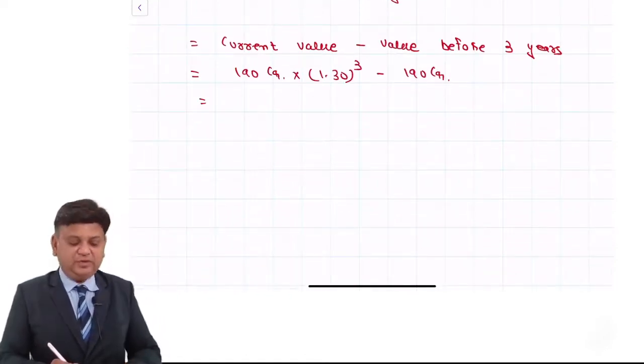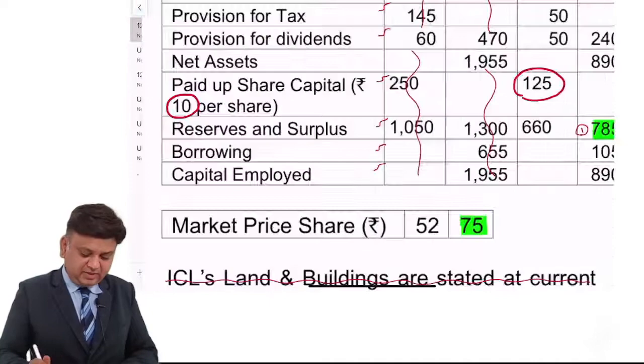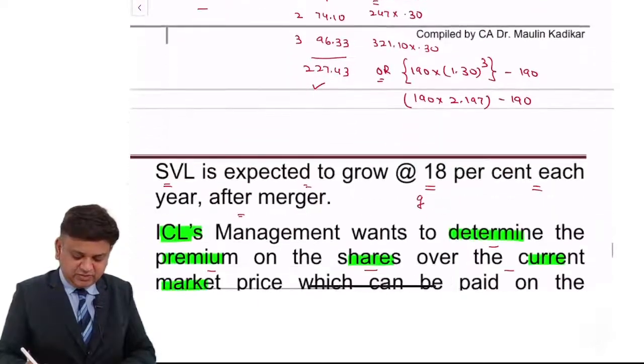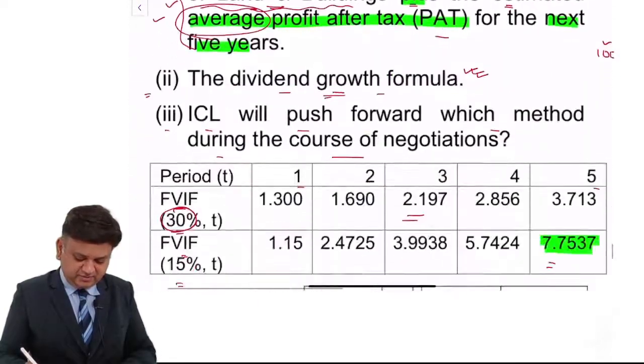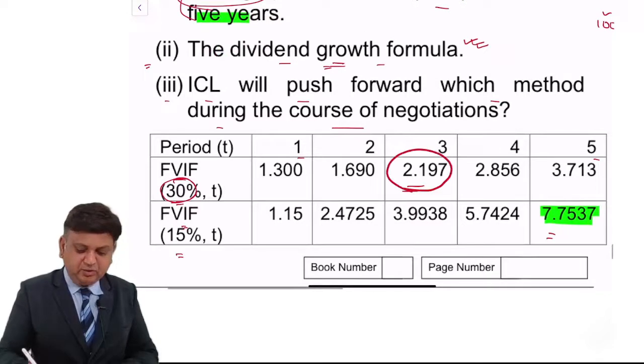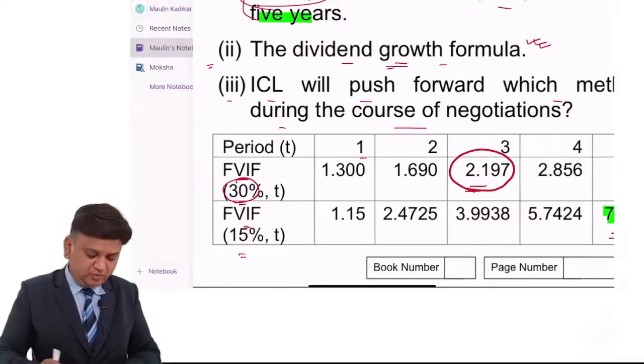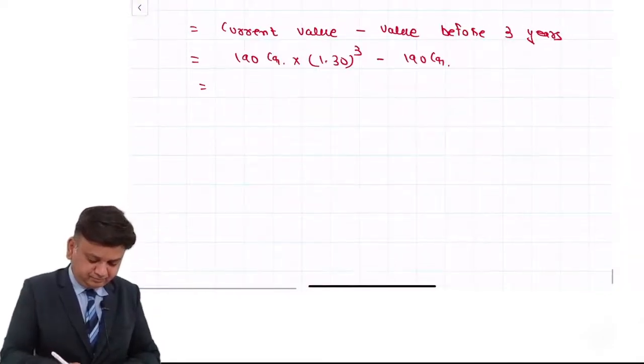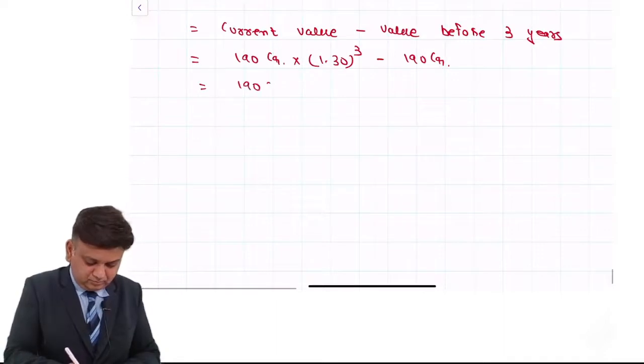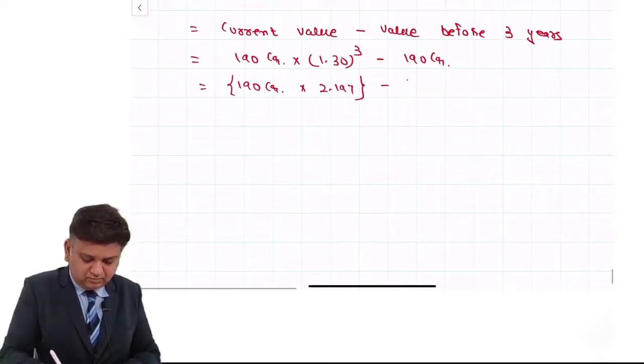Dear students, as we know that we are required to use the factors which have been provided to us in the example. So over here we are going to use these factors: 2.197, minus 190 crore.